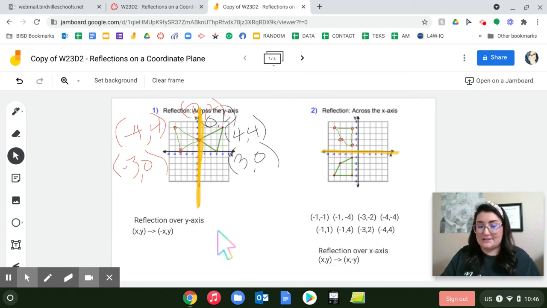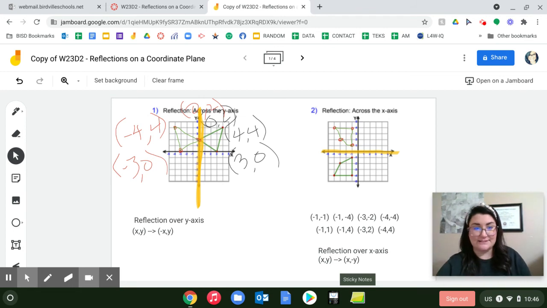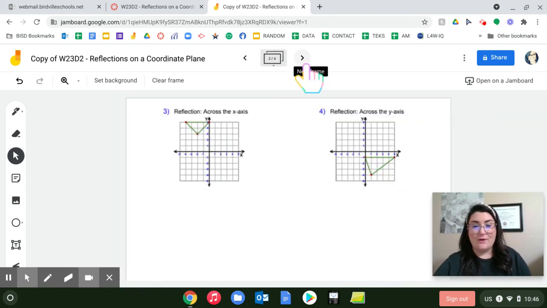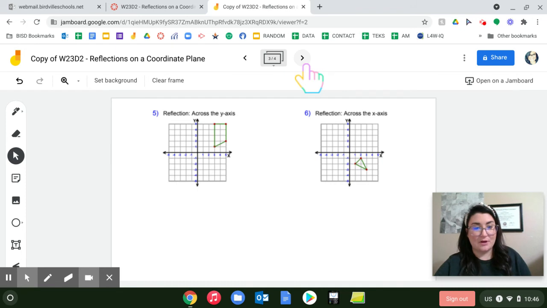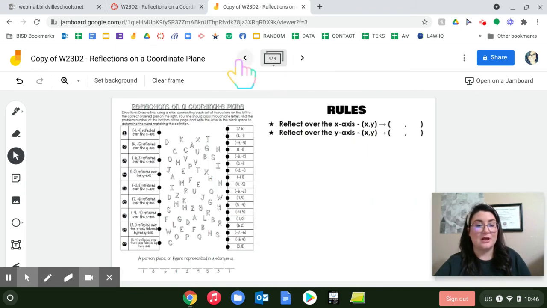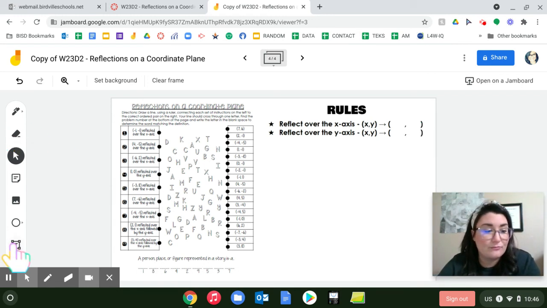Make sure you write these 2 rules down because you're going to be using those throughout the lesson today. You have just a few more practice problems, okay? They're very similar. Then when you get to this section here, this is kind of like an extension activity. We have our rules up here. When we reflect over x-axis, your y turns opposite. So you're going to write that for yourself here. And I will go ahead and start that.